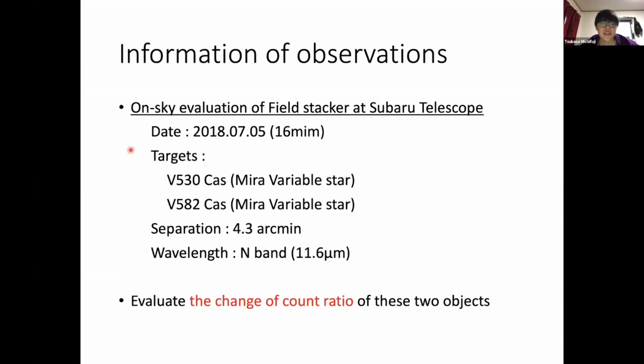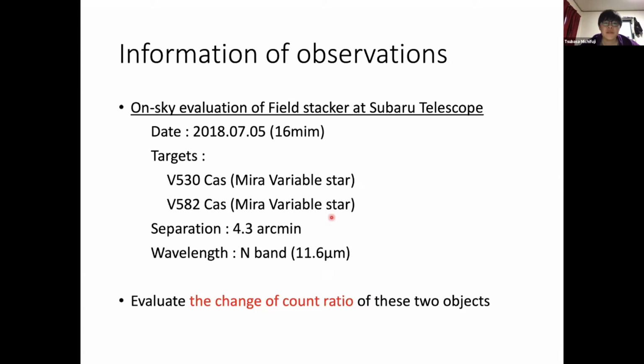The engineering observation was held in 2018, and the target, separation, and wavelengths are shown here. The separation is 4.3 arc minutes, and the wavelength is N band. And at last, in data analysis, we evaluate the change of count ratio of those two targets.